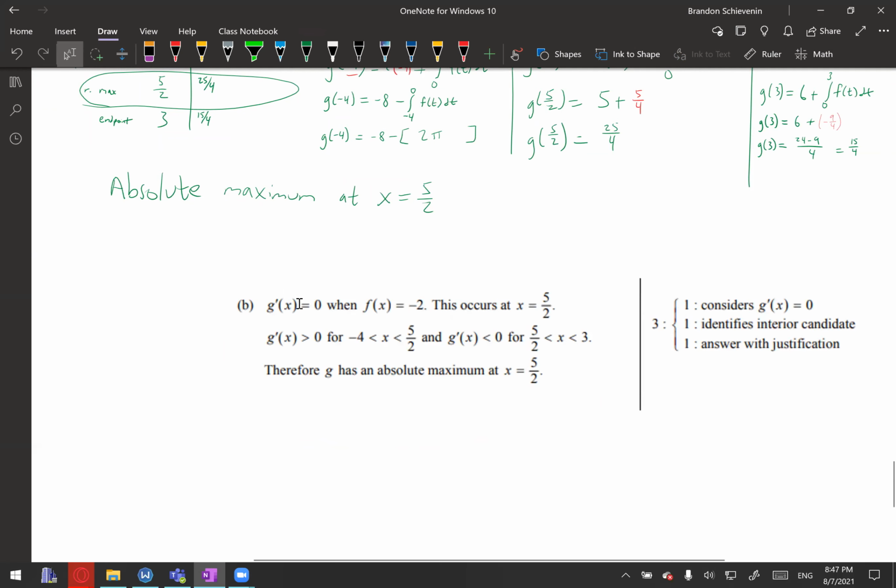This first part is proving that our derivative was 0 at that point, which is at x equals 5/2. Because our slope is positive before 5/2 and negative afterwards, I can prove that we're changing from positive to negative slope. It gives us a maximum. So they had checked the slope for all points before and after this. There were no other critical points. The slope couldn't change from positive to negative.